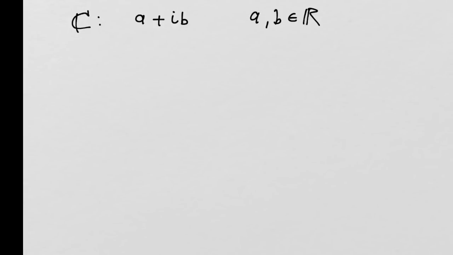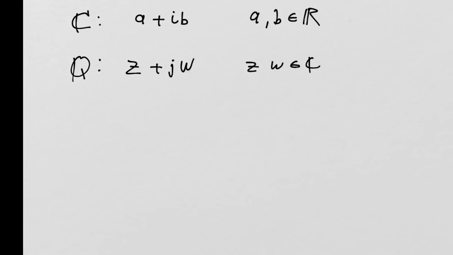So why don't we think of the quaternions, let's call them Q, as the set where now we deal with Z plus J W, where Z and W are elements of the complex numbers, right?